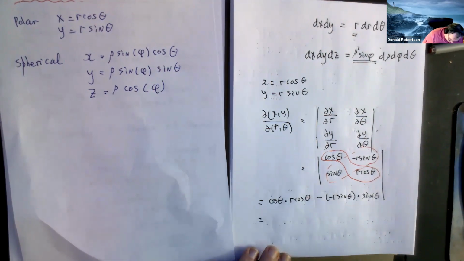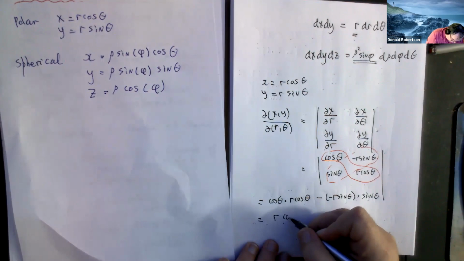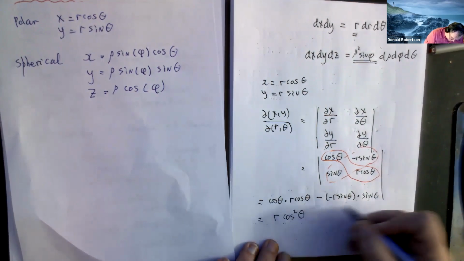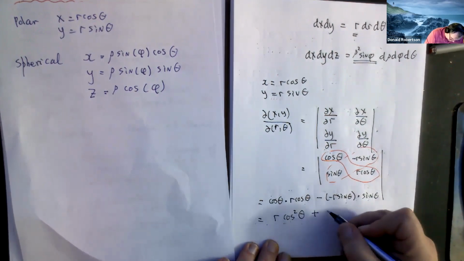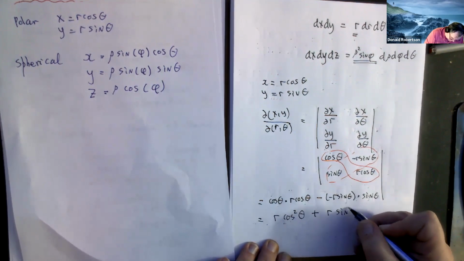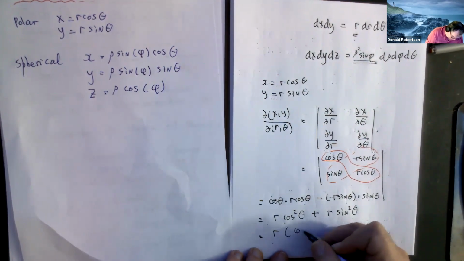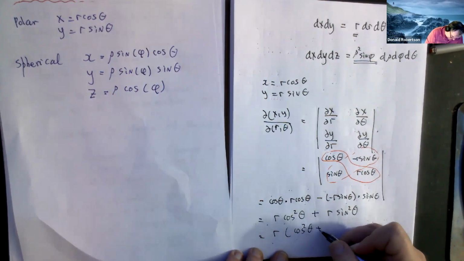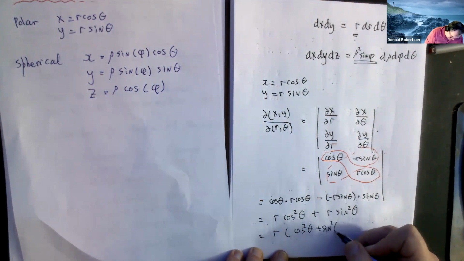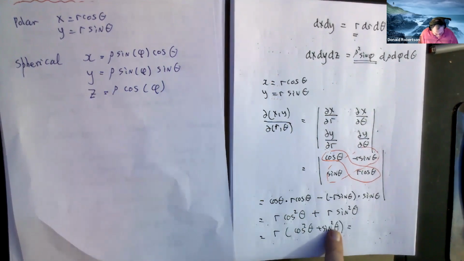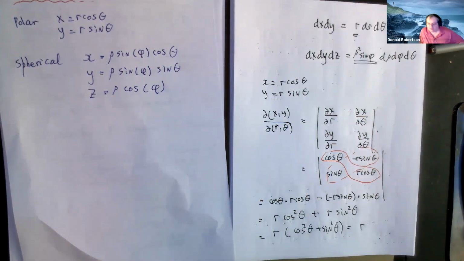And that gets me r cos squared theta. Two negatives make a plus r sine squared theta. Pull out the common factor of r. And lo and behold, that guy is 1. Do you see where the r came from? It came from a change in variable. And the change in variable we used was polar.